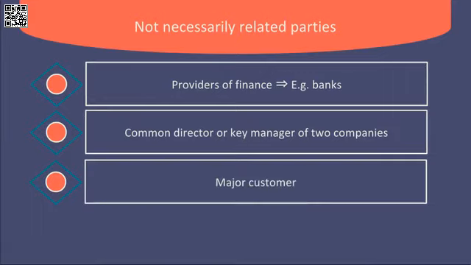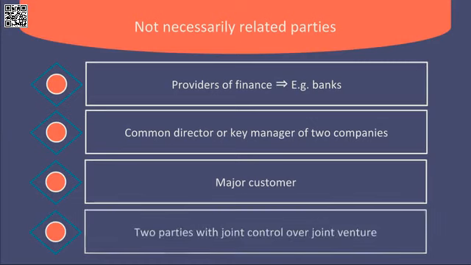If the company has a main customer whom they get most of their revenues from, this isn't necessarily a related party either. And finally, two venturers who share joint control over a joint venture. So if Company A and Company B control Company X jointly, A and B are not necessarily related parties.